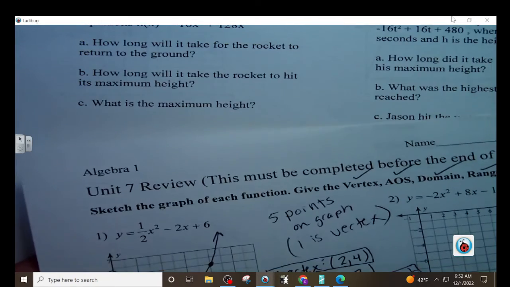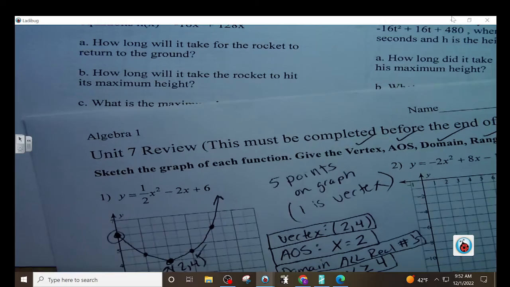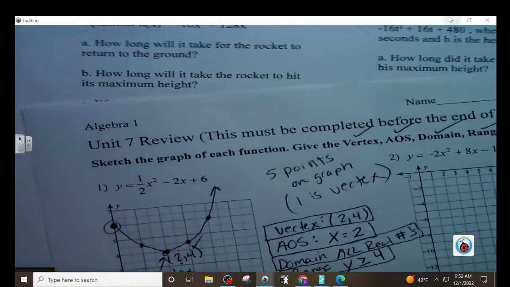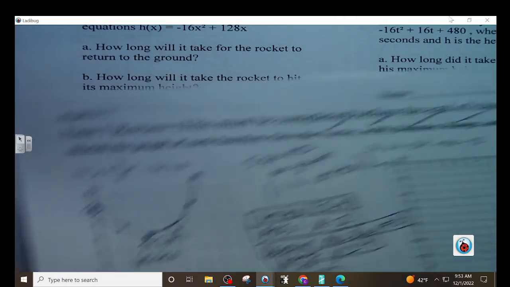So, guys, mostly this whole test is because the only thing you use to solve in Math 1 is factoring. You'll learn more of that in Math 2.